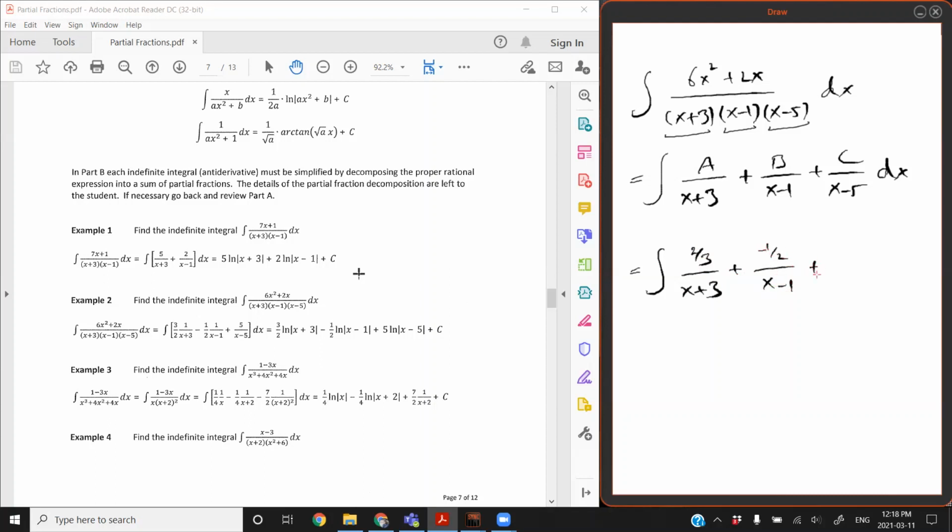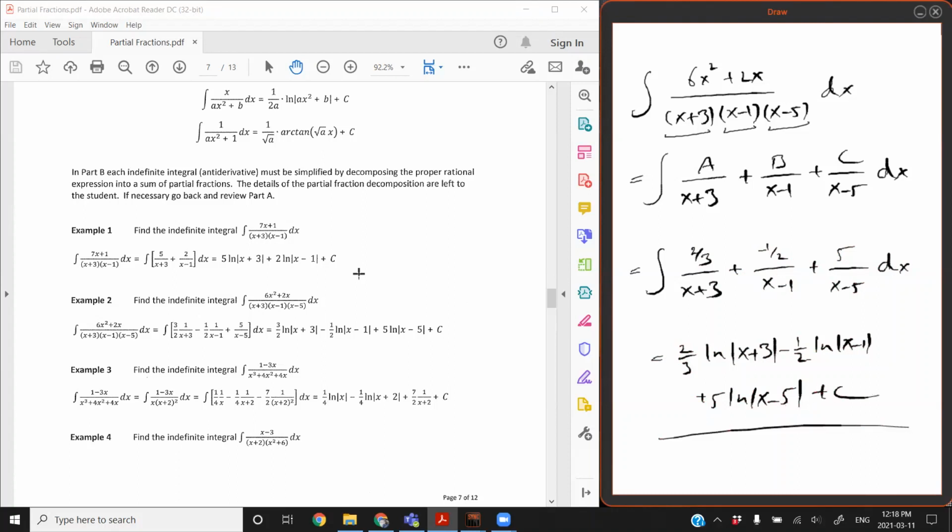And then for C, you get 5. So this is going to be 2/3 ln of absolute value of x plus 3 minus 1 over 2 ln of absolute value of x minus 1 plus 5 times ln of absolute value of x minus 5 plus c, and you're done.